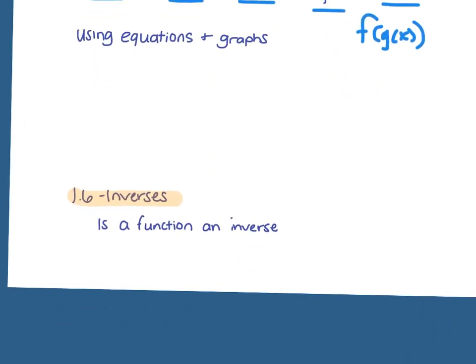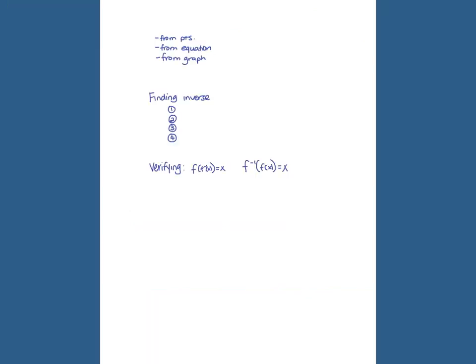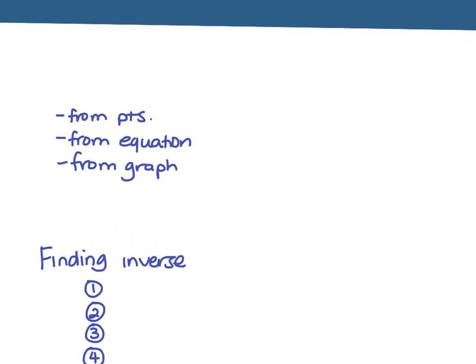And then 1.6 was the start of the inverse functions. So it is a function, had an inverse. From points, you're looking to make sure that no y repeats with a different x.